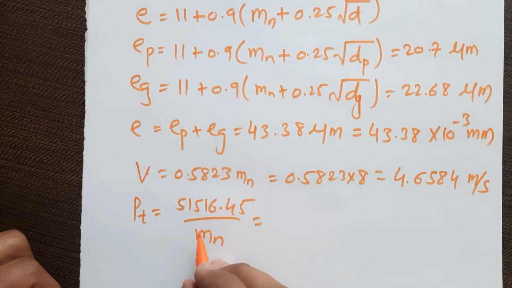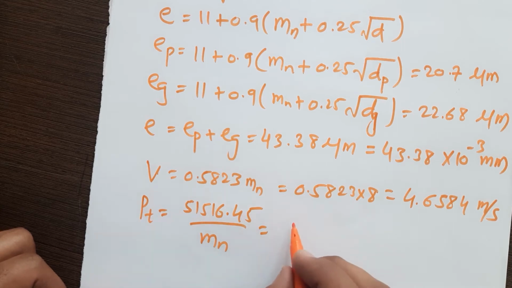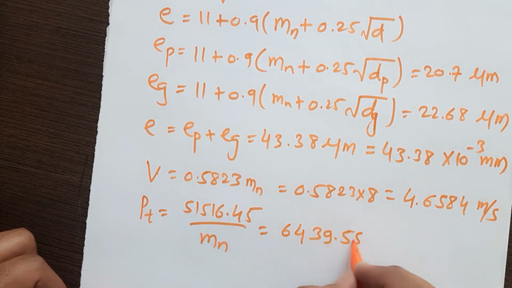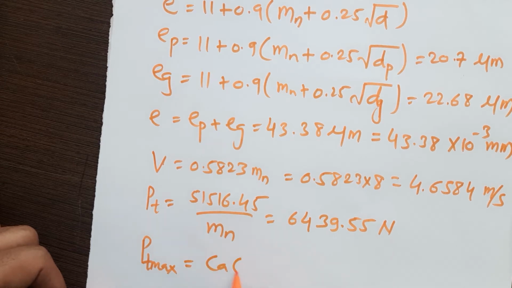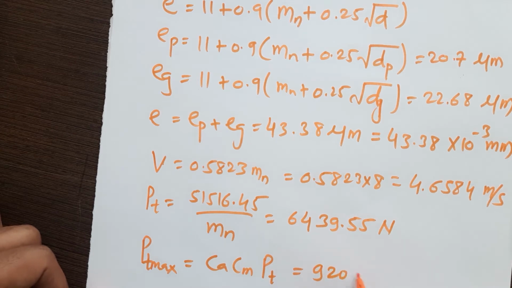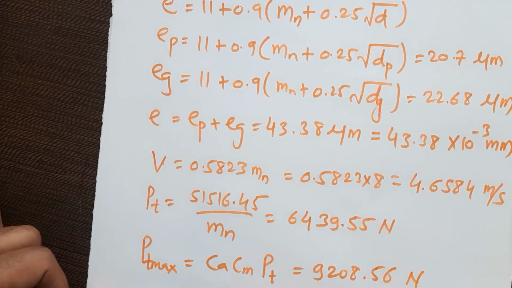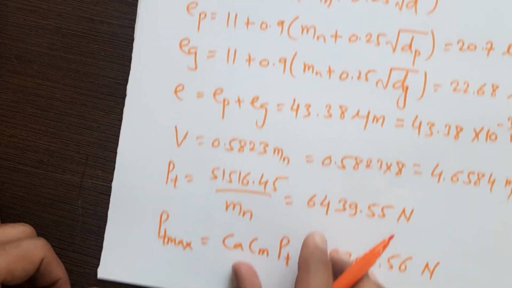Substituting the normal module as 8, you get PT as 6439.55 Newton. Then PT max will be CA CM PT, where CA is 1.3, CM is 1.1 and PT is this one. Multiplying, you get PT max as 9208.56 Newton.